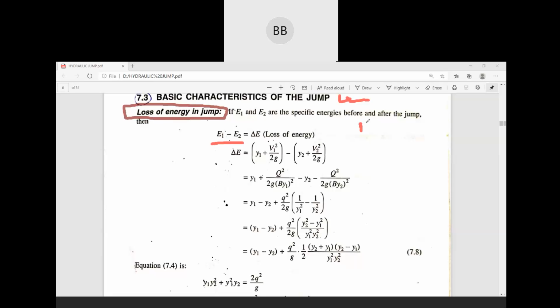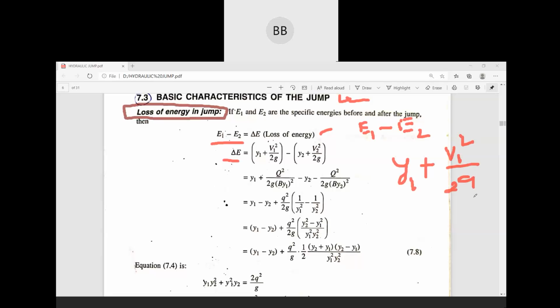E1 minus E2. E1 is the specific energy before the jump, that is in supercritical, and E2 is the specific energy after the jump. So delta E is nothing but E1 minus E2. We know specific energy has two components: one is depth of flow and another is V square by twice g.